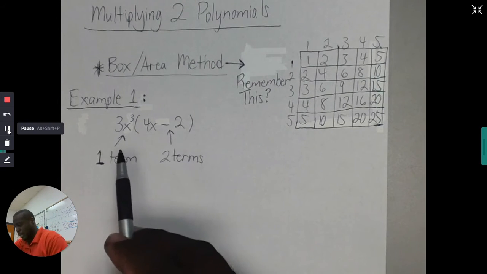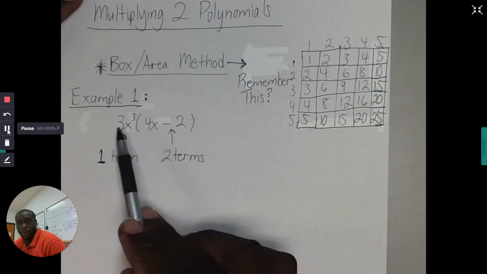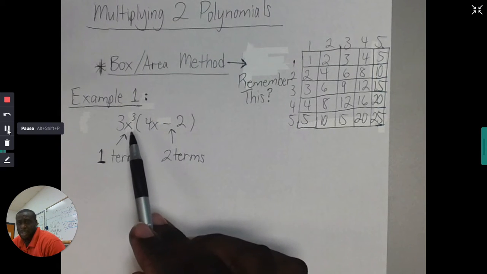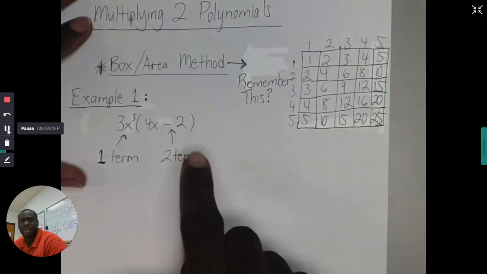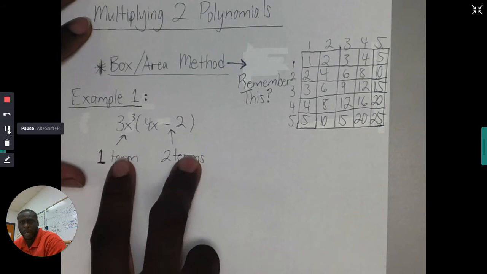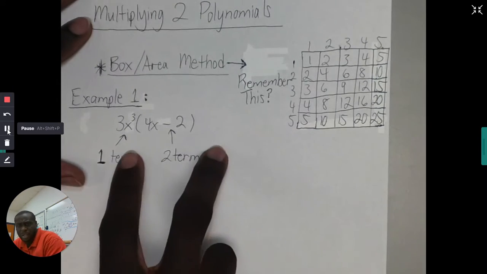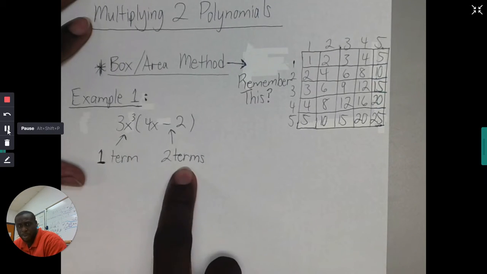So let's just look at a very, very simple example here. This is just to show you that you can use the box method with any type of polynomials, period. You can change the dimensions of the box that you're using based on how many terms you're multiplying in each polynomial. For this particular multiplication, you're multiplying one term times two terms.